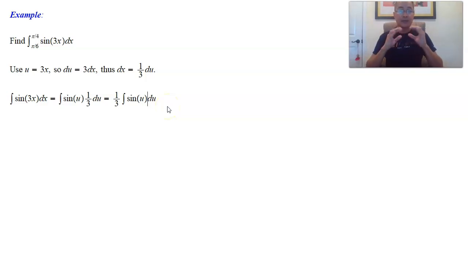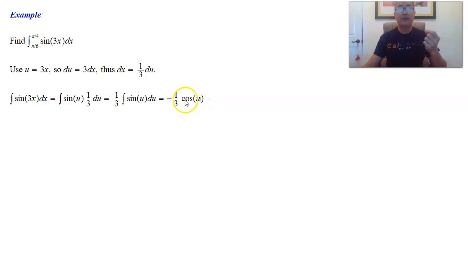So is the answer cosine of u or the negative of cosine of u? If this were a Zoom lecture, I would be taking a survey. So I hope you got it right. It should be negative. Negative 1/3 of the cosine of u. And if you don't believe me, you can check by taking a derivative.